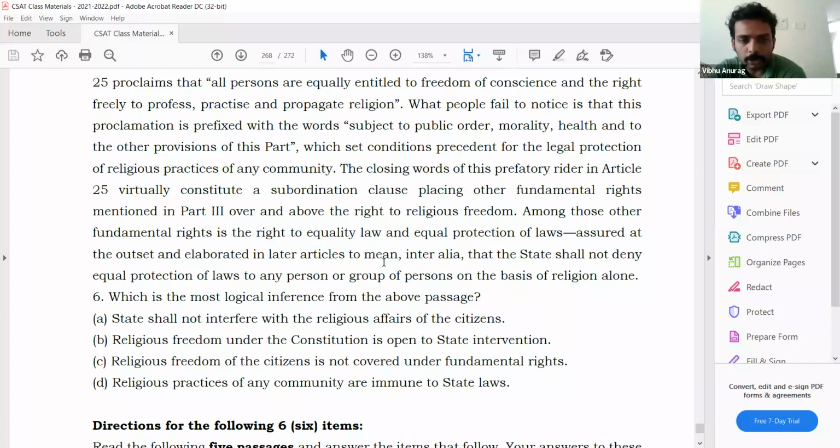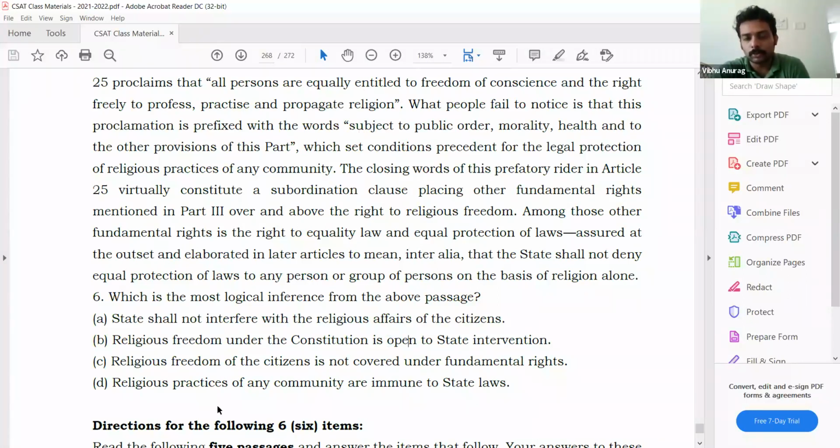So what is the most logical inference that can be made here? Option A, state shall not interfere in the religious affairs of citizens. Actually, it's the opposite. State can interfere because it is subject to public order. So A is wrong. B says religious freedom under the constitution is open to state intervention. Yes, this is correct. Same thing, subject to public order.